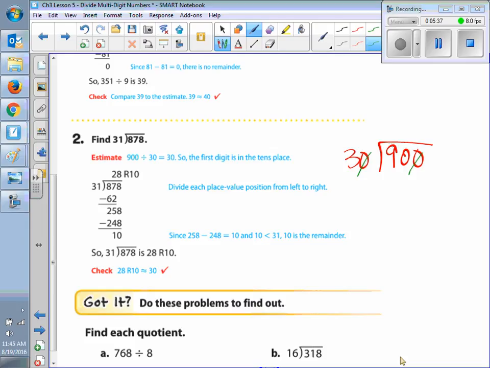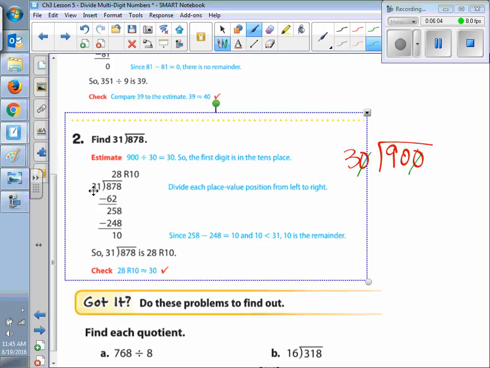Okay, so that's going to go in like 3 times right here. 30, it's going to be 30, right? So it's going to be close to that. So we know when we estimate, the 3 might be too much, right? Which it is. So we're going to put a 2 up here, right? So, 2 times 31 is 62.